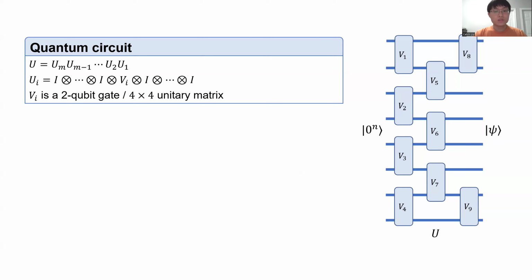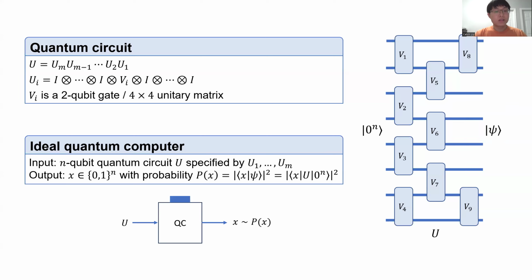Here, although each U_i is a 2^n by 2^n matrix, it is completely specified by the 4 by 4 unitary matrix V_i, plus some bookkeeping information about which 2 qubits the gate will be applied to. Therefore, the total number of parameters needed to specify the whole circuit U is only linear in the number of gates m.